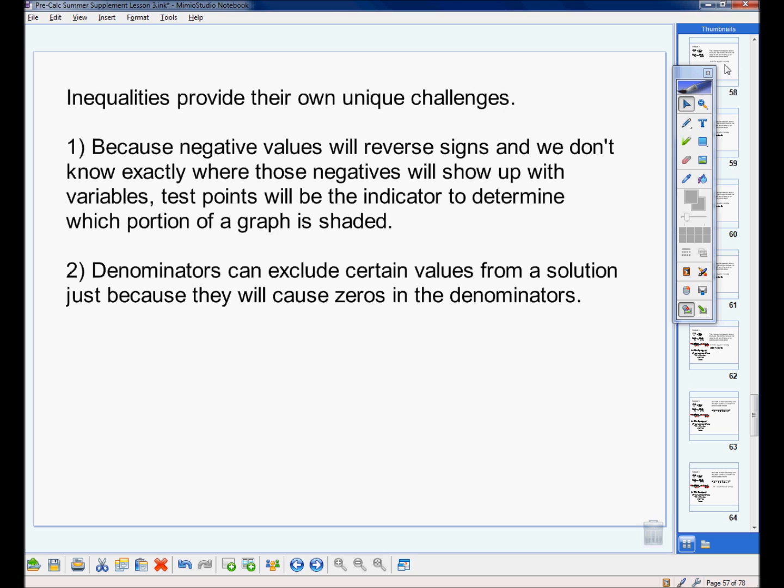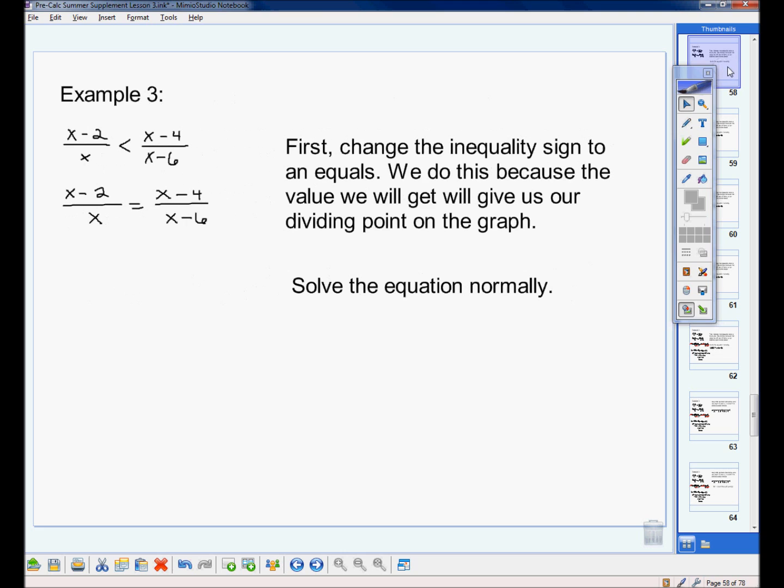You have to make sure that you follow them though, so you may want to go back through each step with each problem to make sure that you've found all of the correct division points and you found all of the regions where a graph should be shaded in or not shaded in. Okay, so let's take a look at an example.